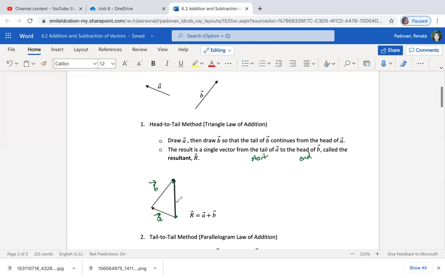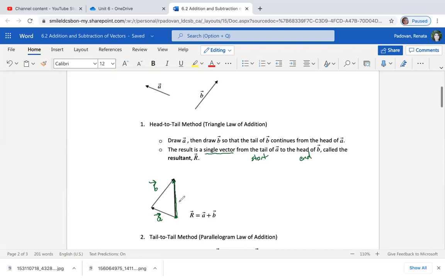This is your resultant. The resultant is the sum, the answer you get from adding two vectors together, and the notation is a capital R with the vector on top. The resultant vector, because this is a vector as well, is equal to vector A plus vector B.